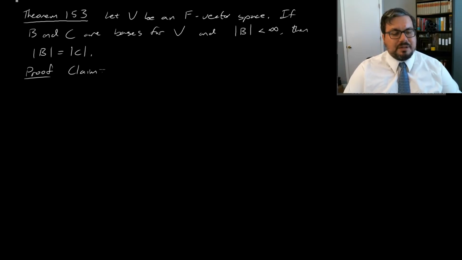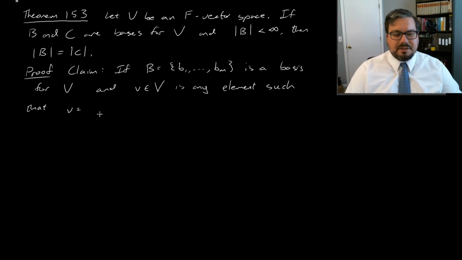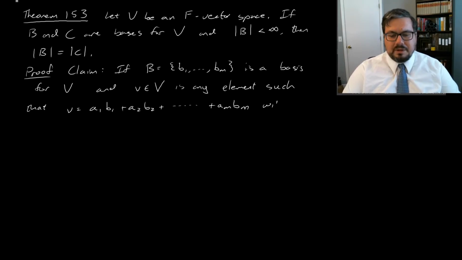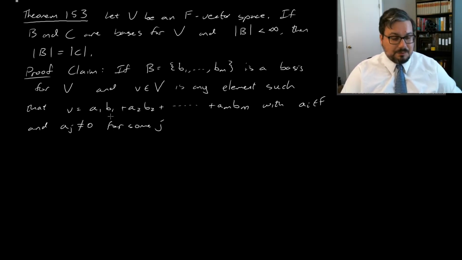So the first thing we're going to do is we're going to prove the following claim. If B, which goes from b1 to bm, is any basis for V, and little v in V is any element such that this little v is equal to a1 b1 plus a2 b2 plus dot dot dot plus am bm, with the ai's belonging to F, which we know is always going to be possible, and aj non-zero for some j, which is always going to be true as long as v itself is non-zero.